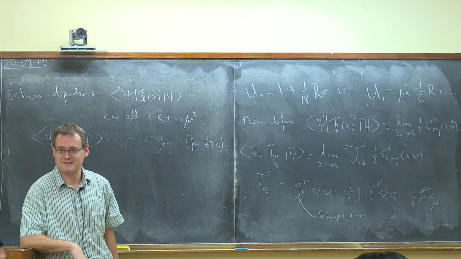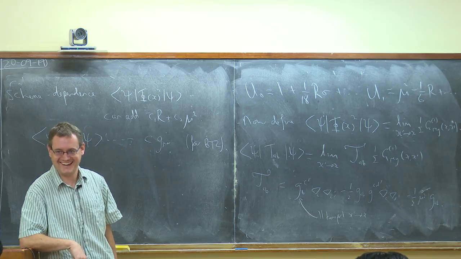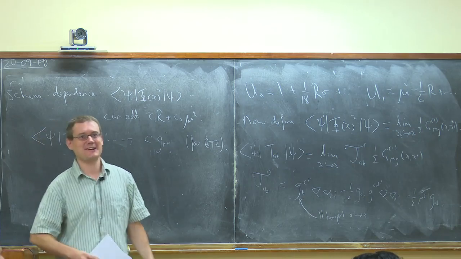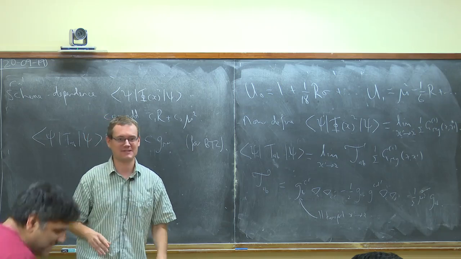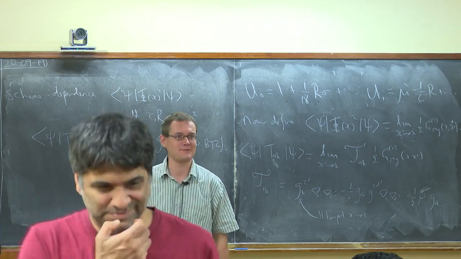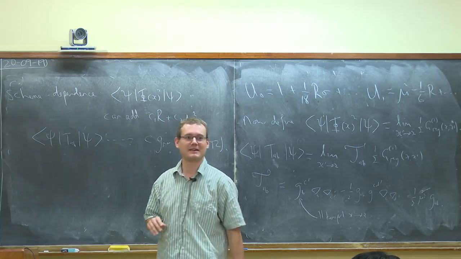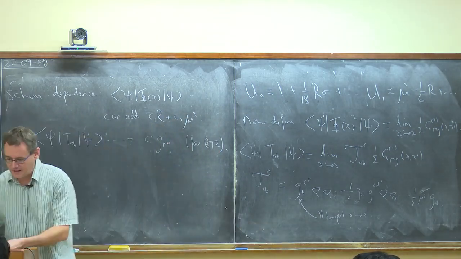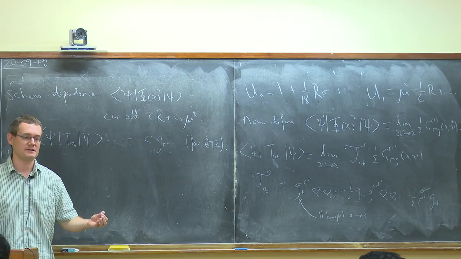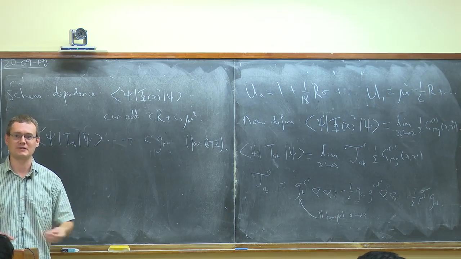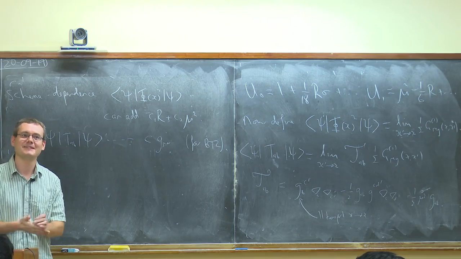Shiraz is shaking his head, so he knows. I can't remember in a short time why it's wrong, but it's something that's discussed, for example, in Wald's book on quantum field theory in curved spacetime. For example, you wouldn't see the fact that the Hartle-Hawking state is thermal if you did that, because it would just be 0.